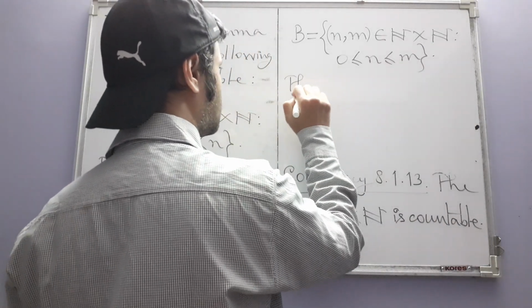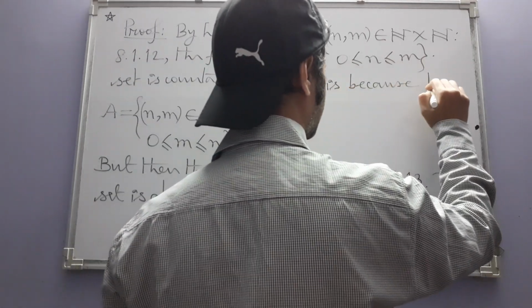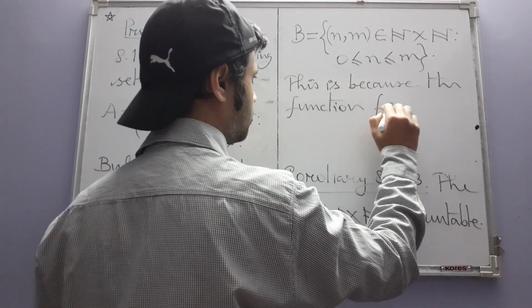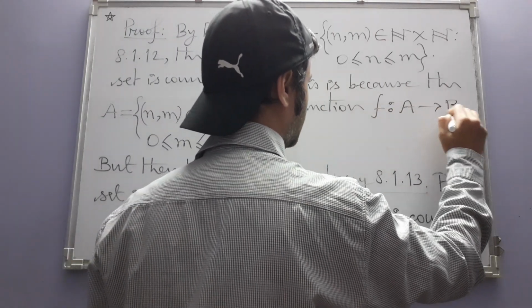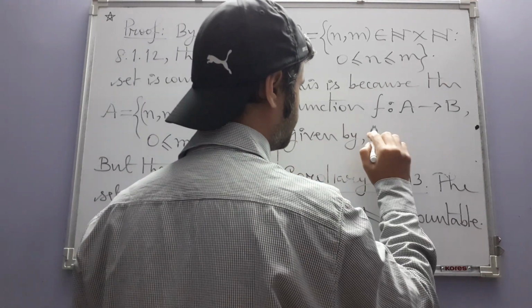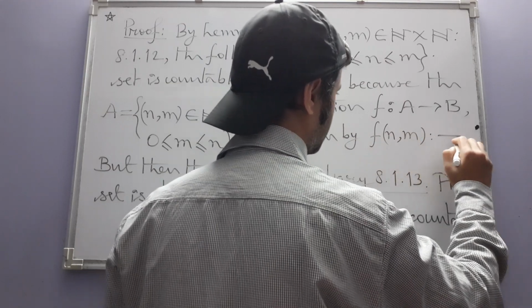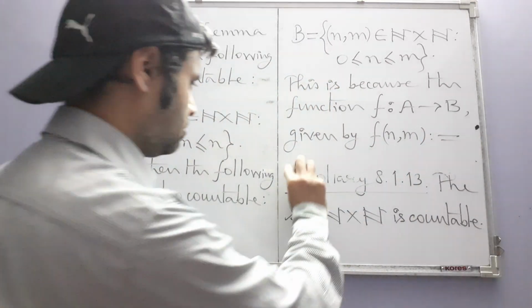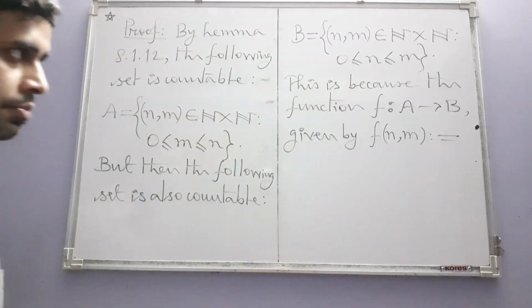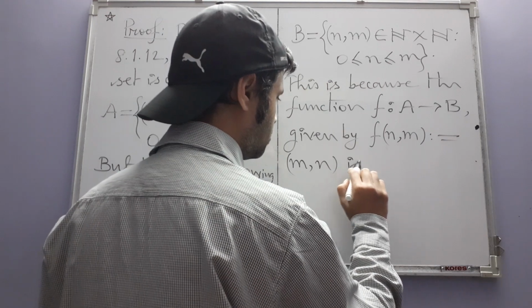This is because the function f from A to B given by f of (n, m) equal to (m, n), here also we interchange n and m, is the bijection.